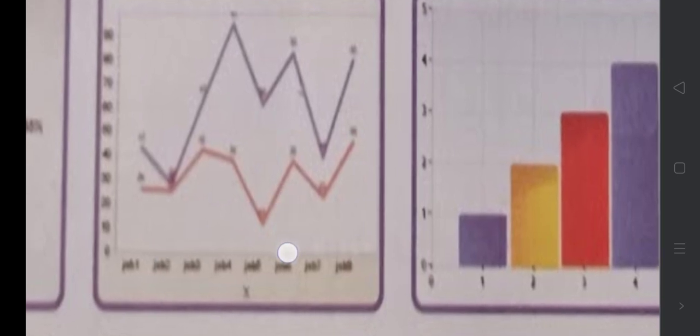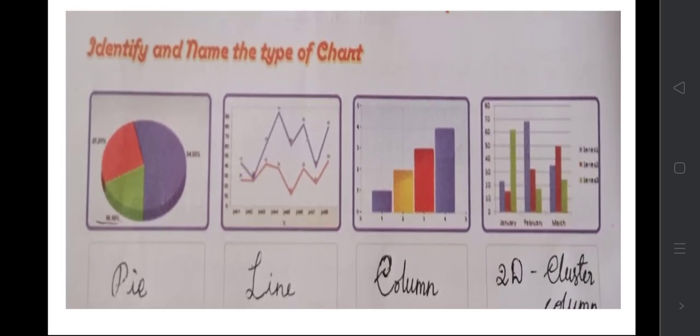This is a column chart. Then this is 2D cluster. Column means only the bar, it is also called a bar chart. 2D cluster means two bars can be together, and more than 2 or 3 also can be together.